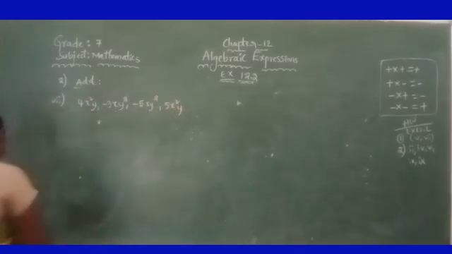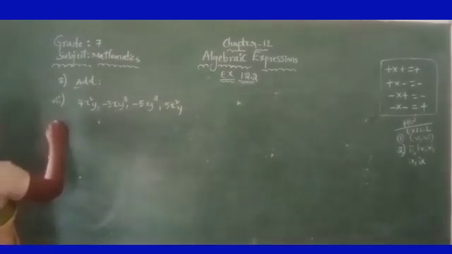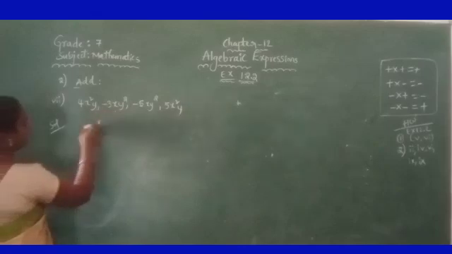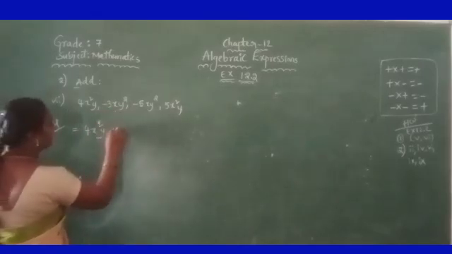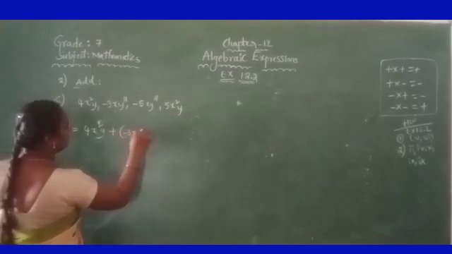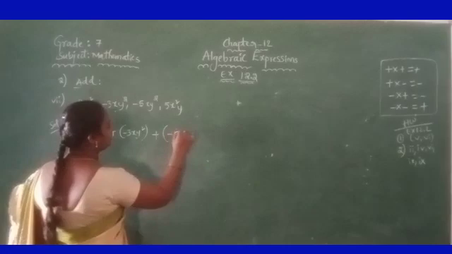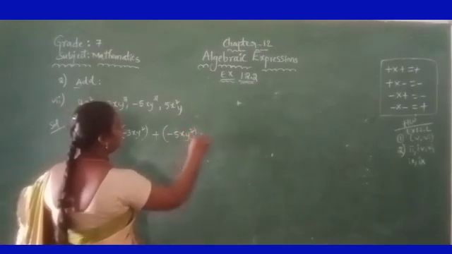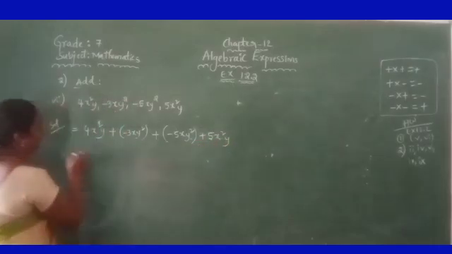So different terms are given. We have to add all these terms. Now I am adding: 4x square y plus minus 3xy square plus minus 5xy square plus 5x square y.